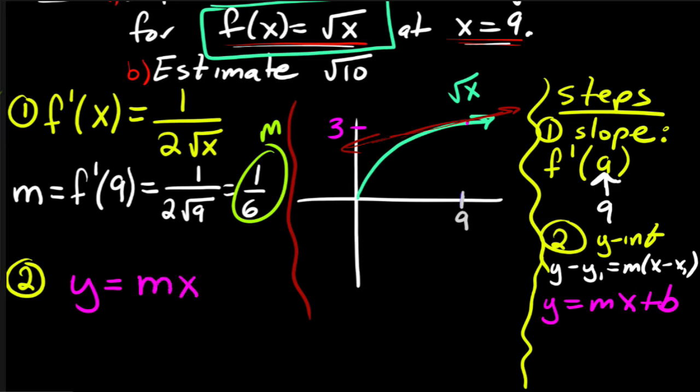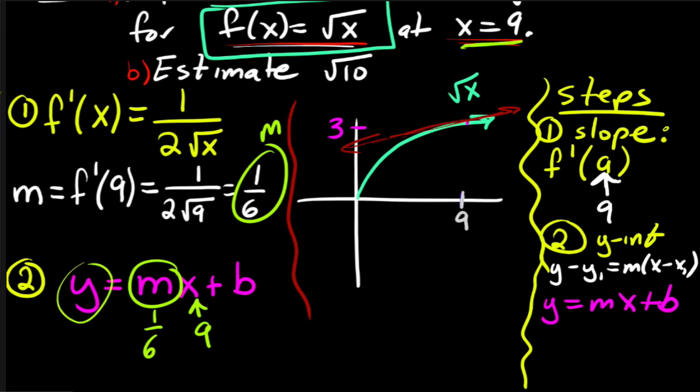So I've got y equals mx plus b. I know that m is equal to 1/6. I know that x is equal to 9, because that's my x value. And then my y value is equal to 3. If the y value isn't given, and usually it isn't, you would just have to find it by plugging the x value into your function, which we already did mentally, and we got 3.